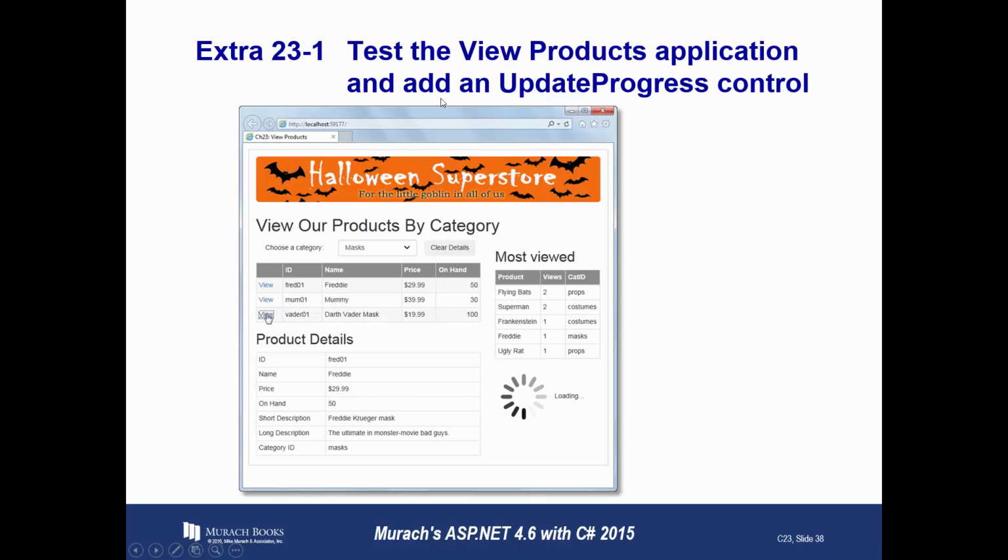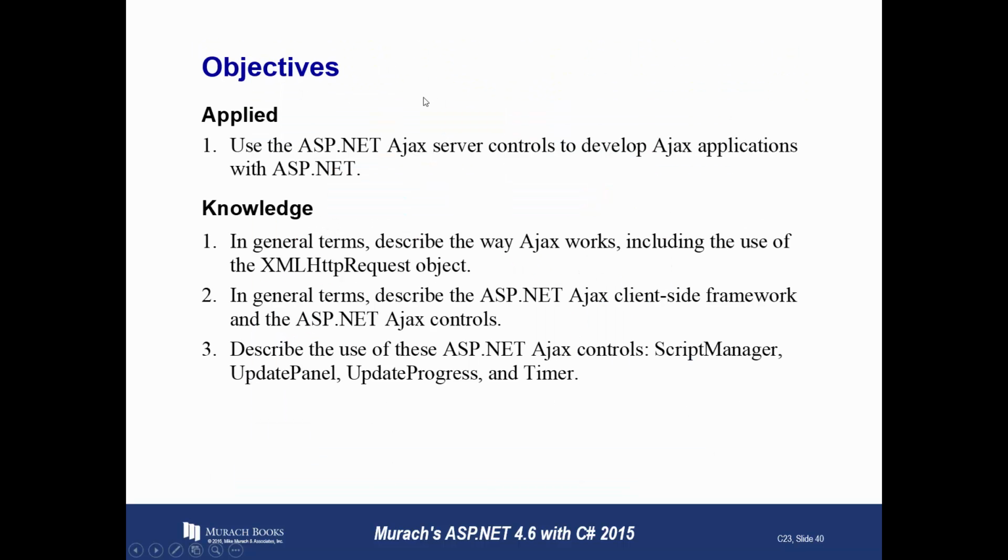Now that's pretty much it for this particular chapter. In here we went over the five major AJAX server controls. We talked in quite some length and depth and breadth of coverage about all five of these controls.